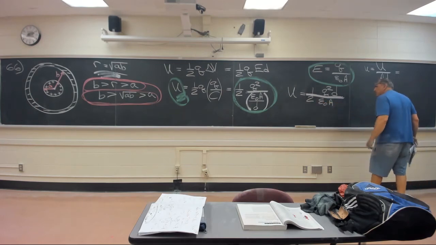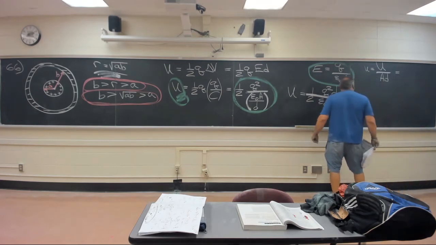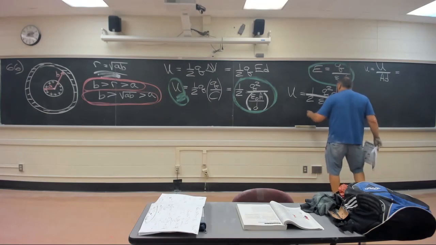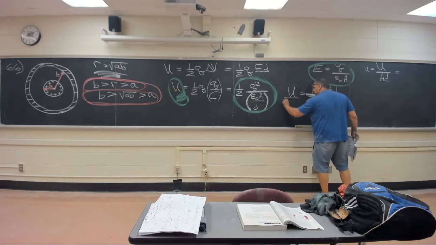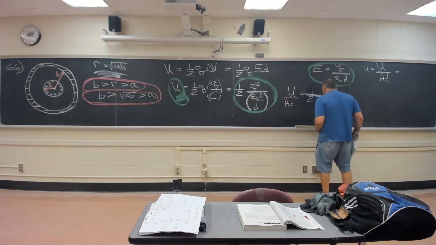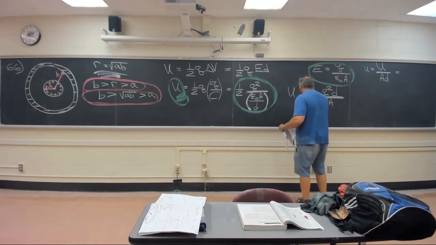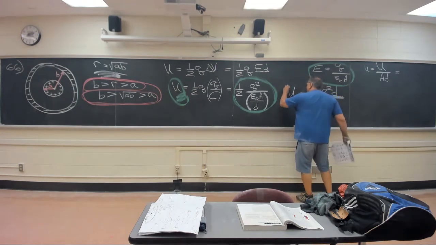U is this. When you divide by AD, that's kind of what's going to happen. So let me leave this alone a little bit.